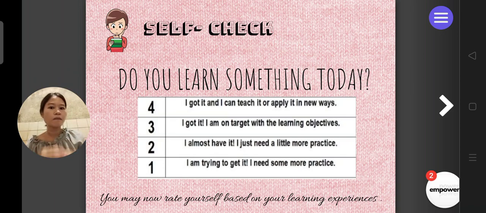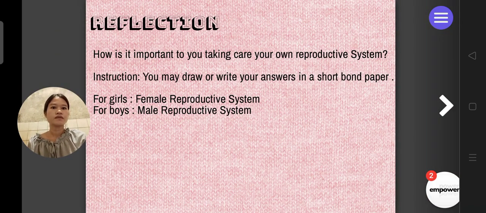You may now rate yourself based on your learning experiences. And our reflection is, how is it important to you taking care of your own reproductive system? Our instruction is, you may draw or write your answer in a short bond paper. For girls, female reproductive system, and for boys, male reproductive system.